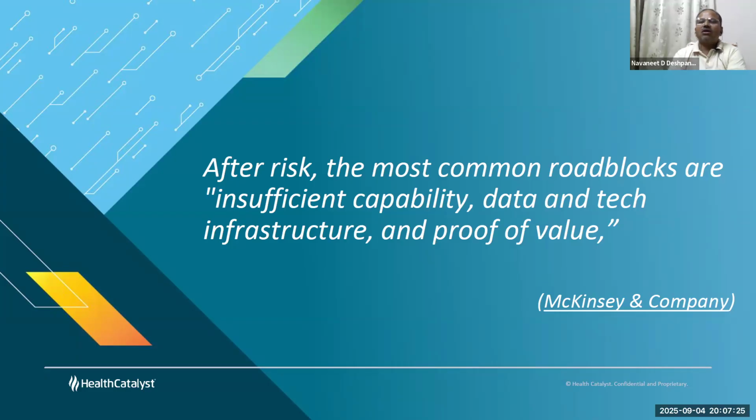Not every hospital is enabled with advanced and sophisticated tech infrastructure, and not everybody has the money to prove that there is a value. So the most common roadblocks after taking all those risks are insufficient capability, data and tech infrastructure, and proof of value, which McKinsey and Company itself has been able to find out.